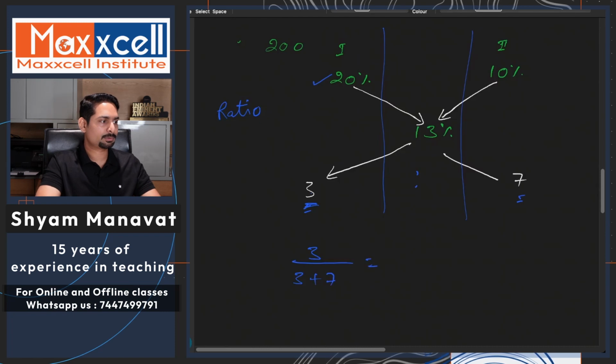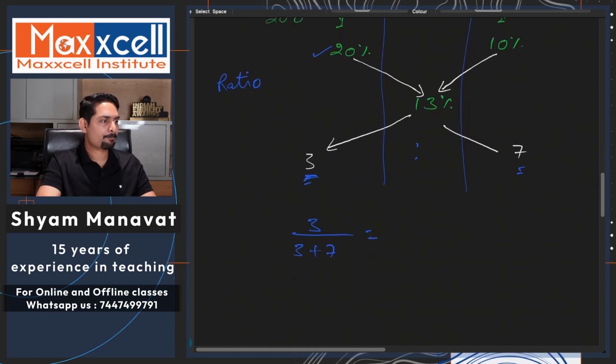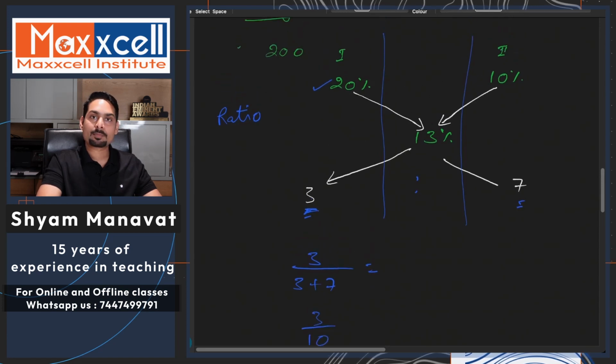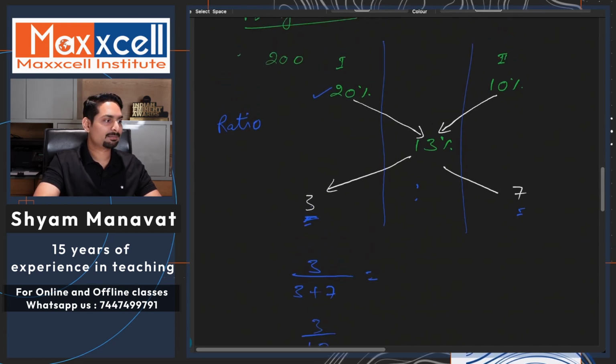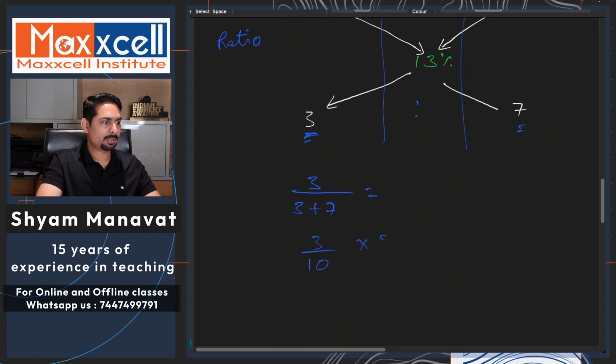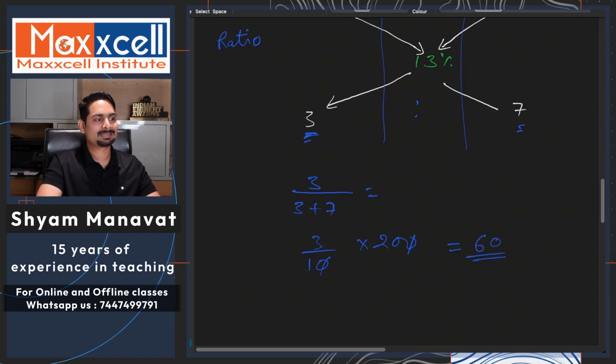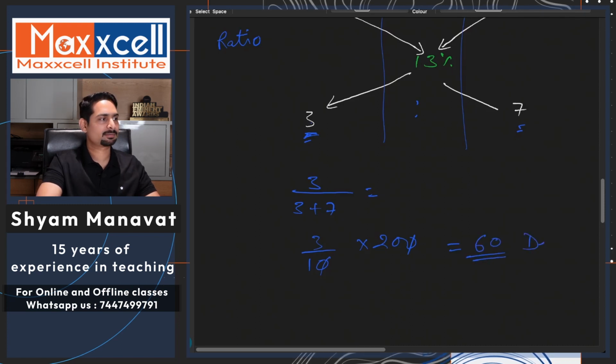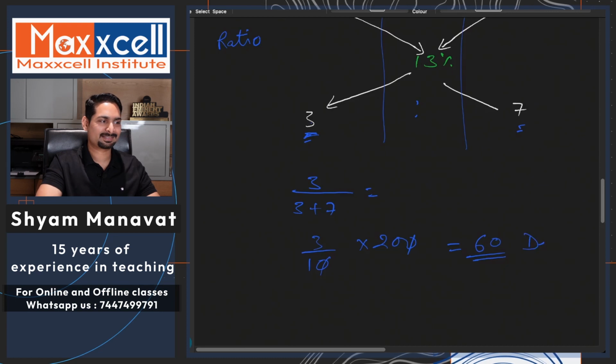So what is the portion which you have sold at 20%? It's 3 on 10. Out of the total which is given, how much? 200. The zeros cancel. 2 3s are 6 with 1 zero. So it is 60 dozen. That's the answer.